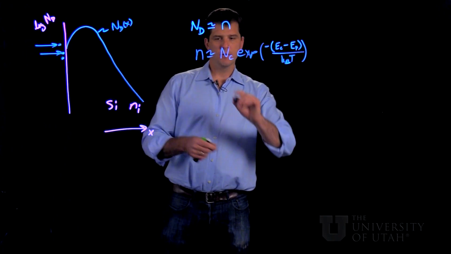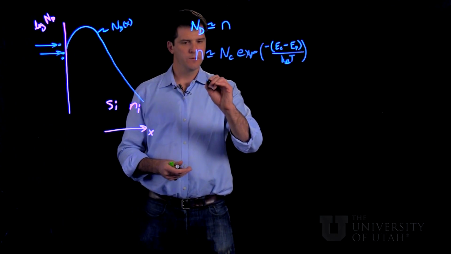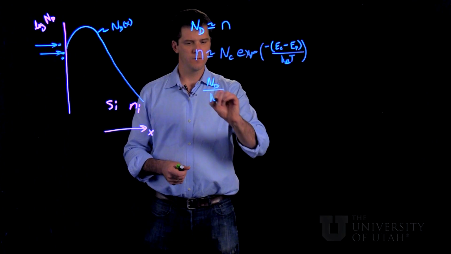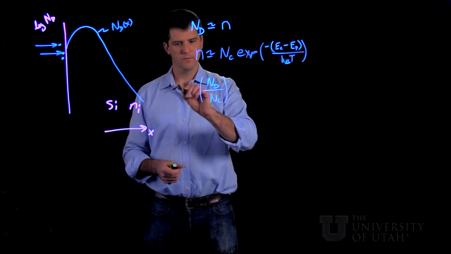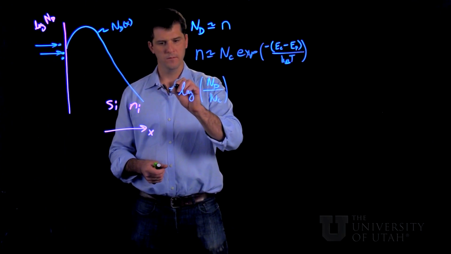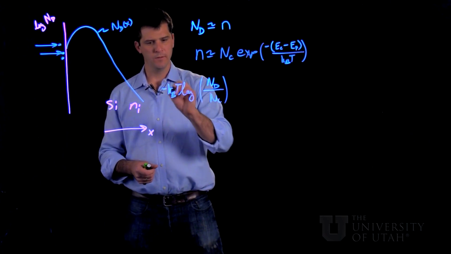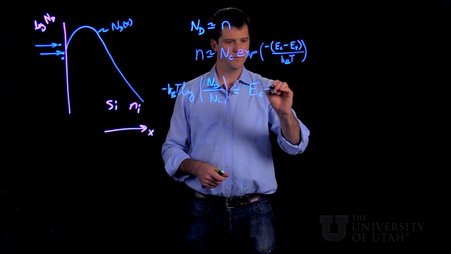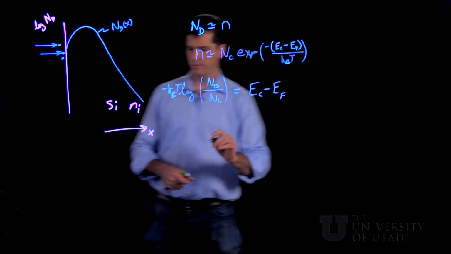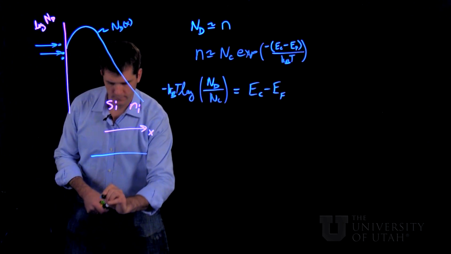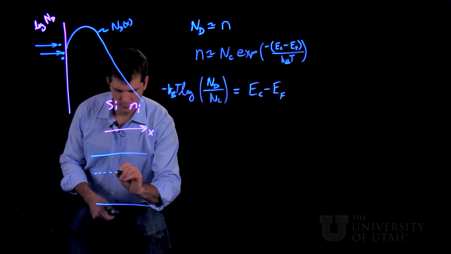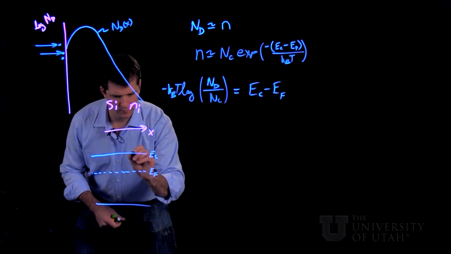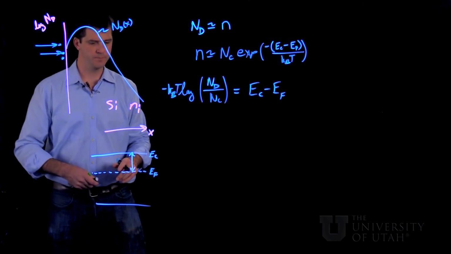So if we rearrange this equation, what we can see is that negative kBT log of ND over NC is equal to this energy distance EC minus EF. So let's draw this quickly here. EF, EC, and we're talking about this energy distance here.